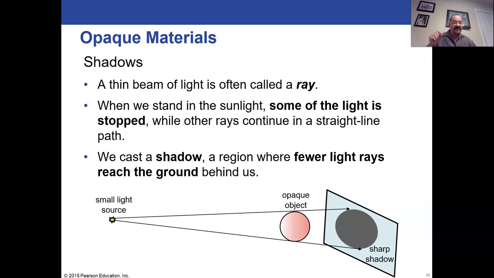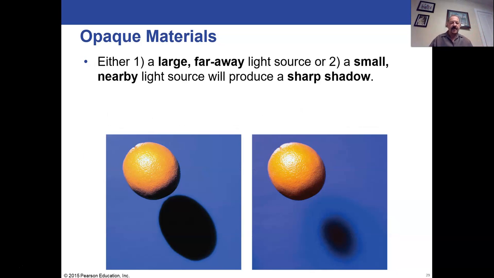If you have a very small source that's close by, the angle will be such that no light can essentially get around that object, and you'll get a nice sharp image of the shadow. You'll get this dark shadow that's very defined around the edges. However, if you have a different situation with light, you can sometimes get fuzzier shadows.